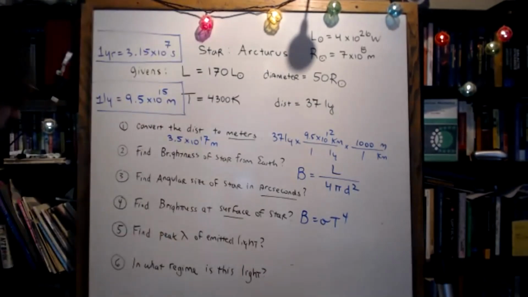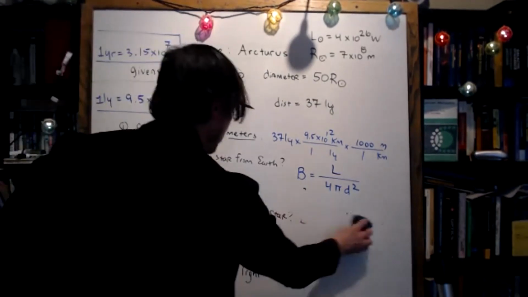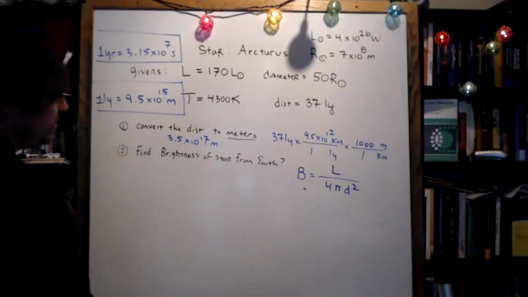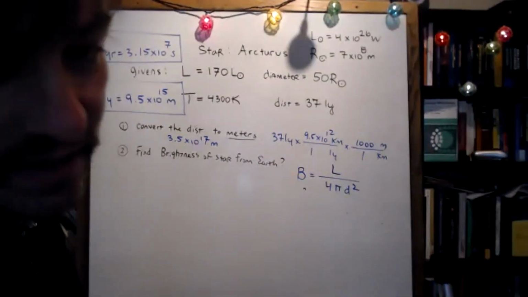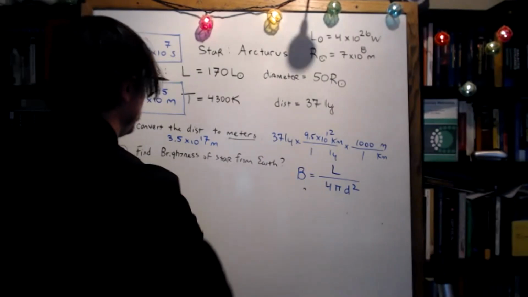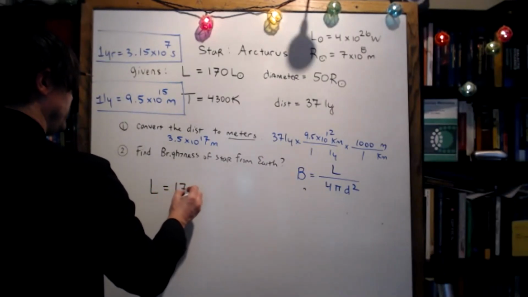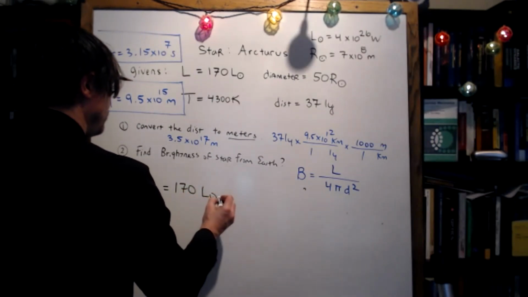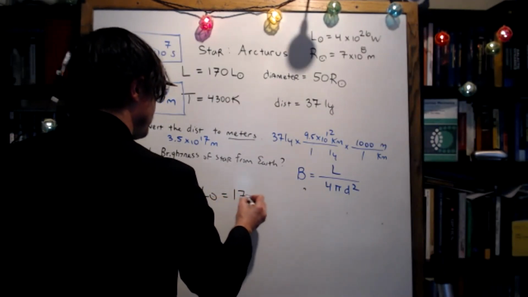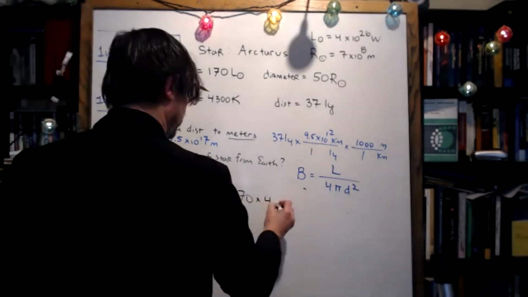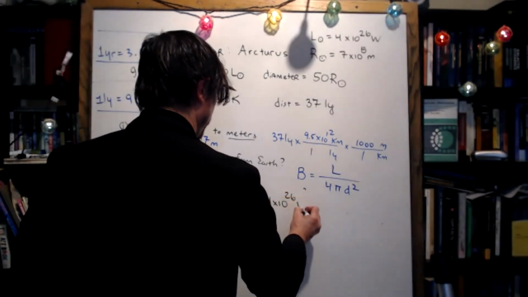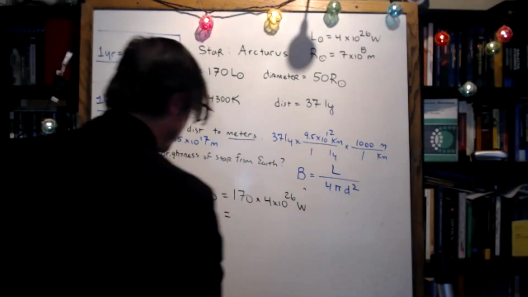So, do you guys want to see the solution to this? Okay, so let's do that. So first, to use the inverse square law, I've got to find the luminosity in watts and the distance. The luminosity of the star is 170 times the luminosity of the sun, 170 times 4 times 10 to the 26 watts.